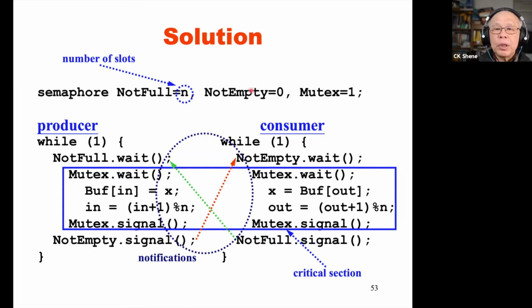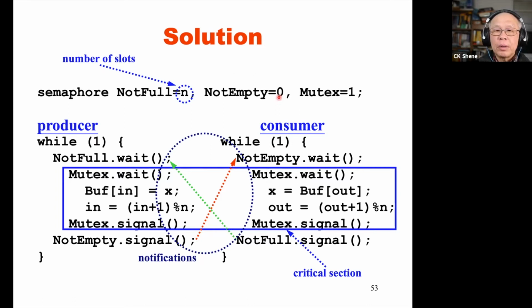We use the semaphore not empty to block consumers, because initially nothing is in the buffer. Therefore, initially all consumers must be blocked. How would you do that? You simply set the initial value to 0.